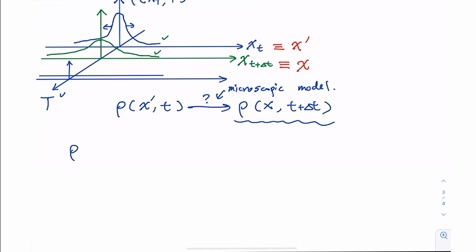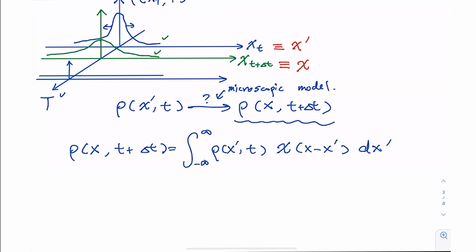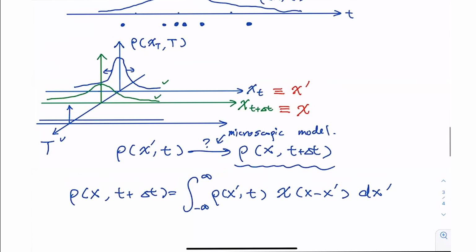So basically, it will look like this. Okay, so let me try to describe the meaning of this expression. Basically, the left-hand side is trying to ask what is this value when we choose it to be a specific position x.